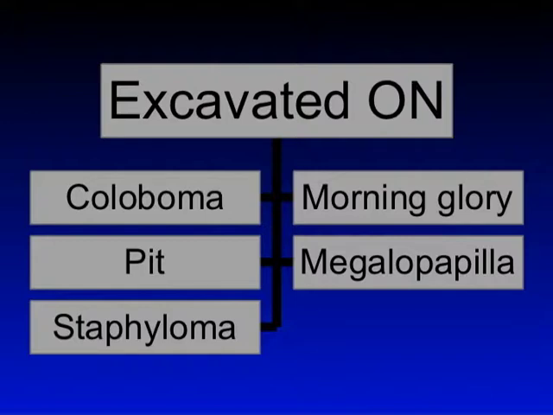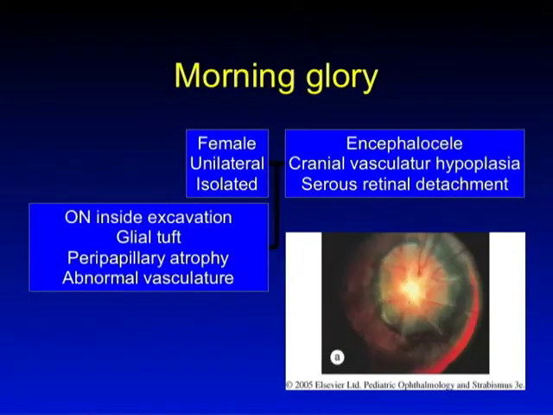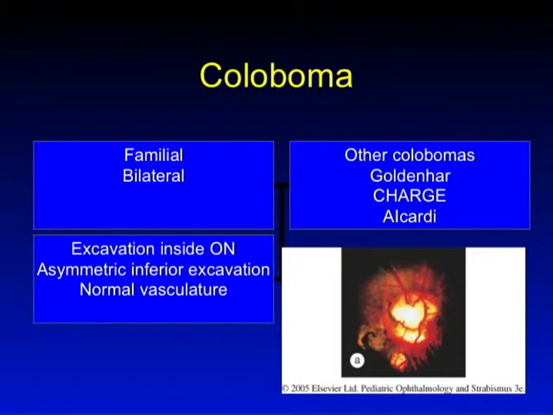Excavated optic nerve. Main differential diagnosis is with glaucoma, and let's see some examples here. This optic nerve, which looks like it has a huge cupping, is very different from this optic nerve here. This optic nerve has no neural tissue. This is an optic nerve coloboma.